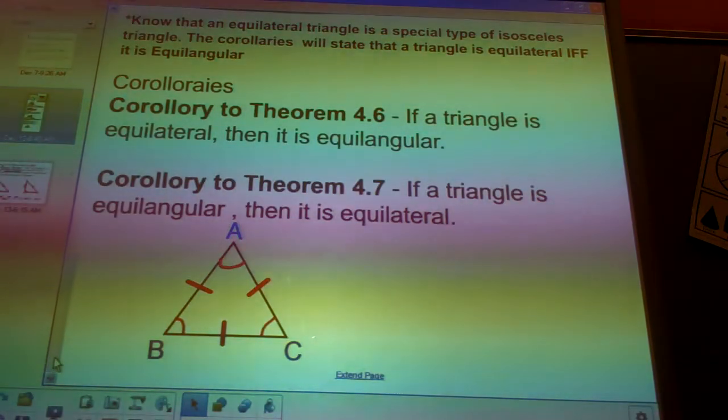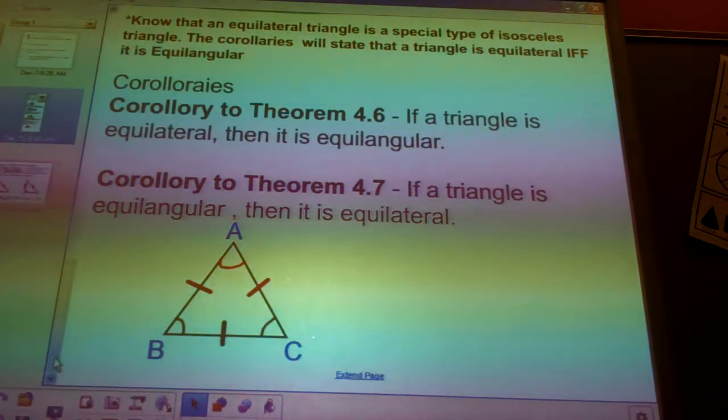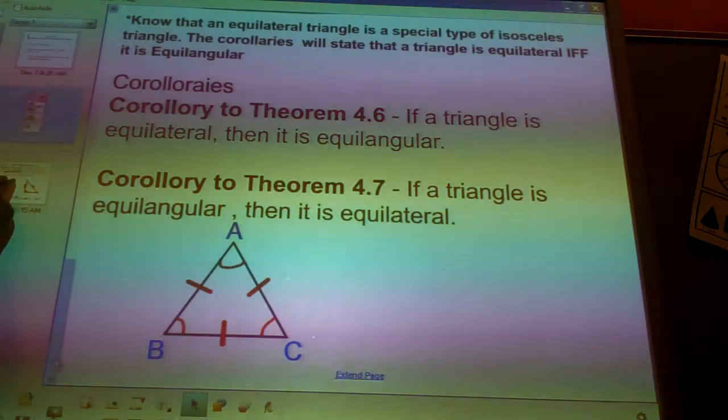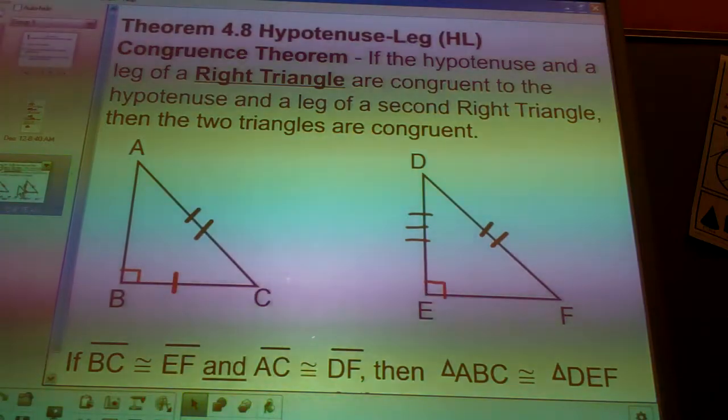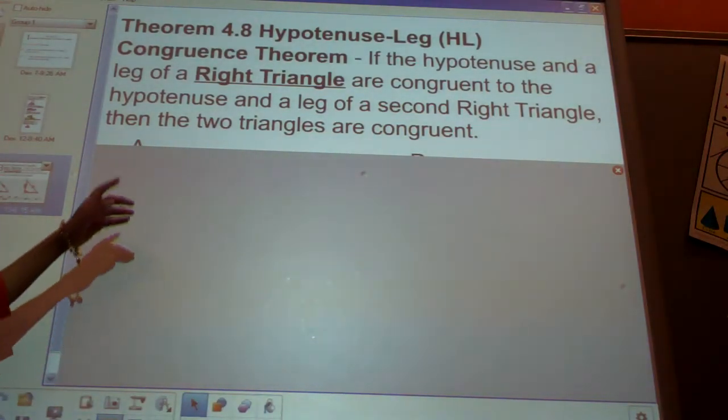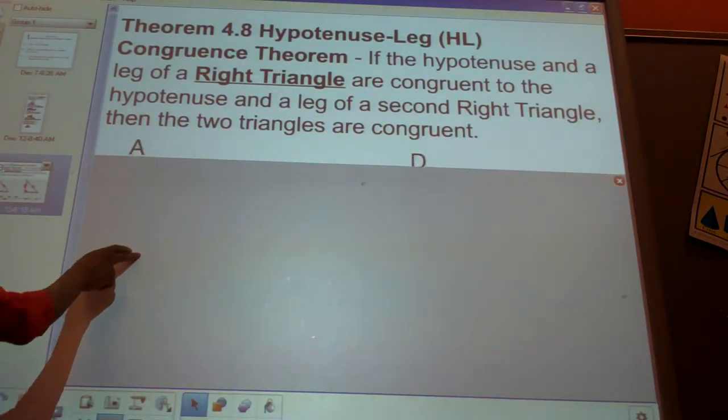And finally, what we have here is the hypotenuse leg theorem, which is quite simple. The hypotenuse leg theorem is Theorem 4.8. It's a congruence theorem, and all it deals with is right triangles.